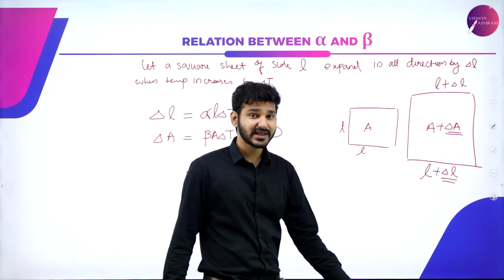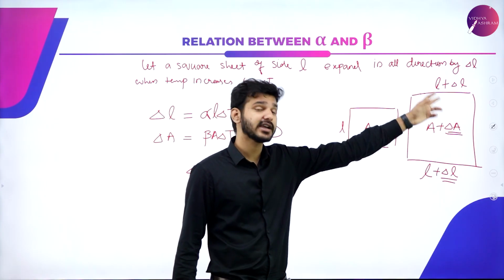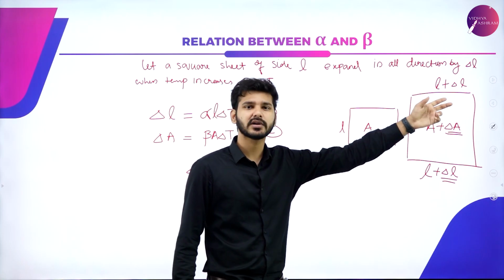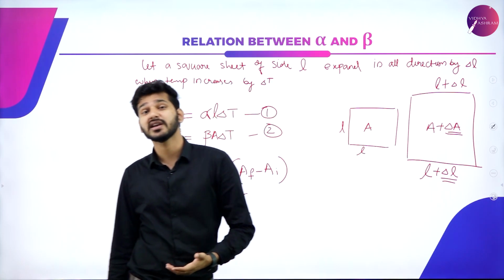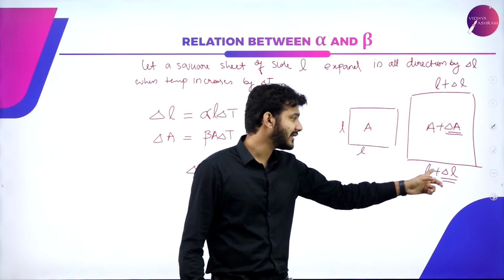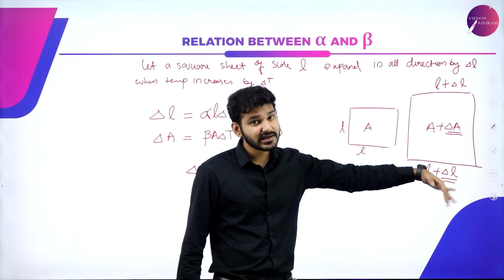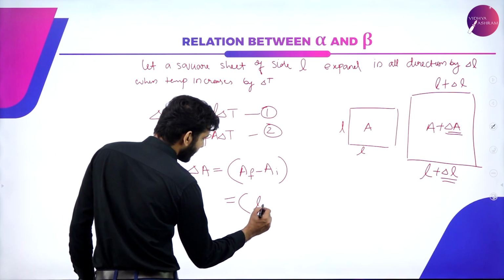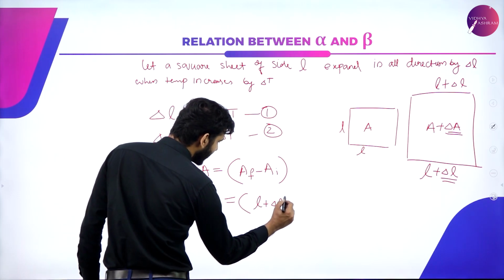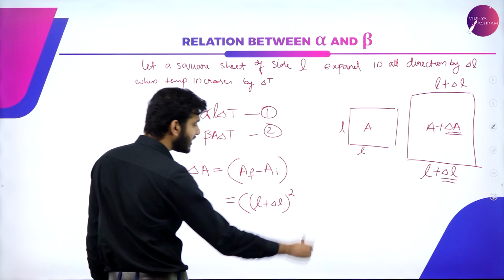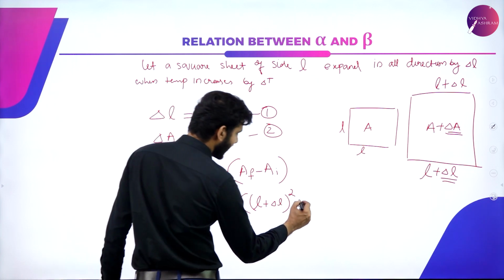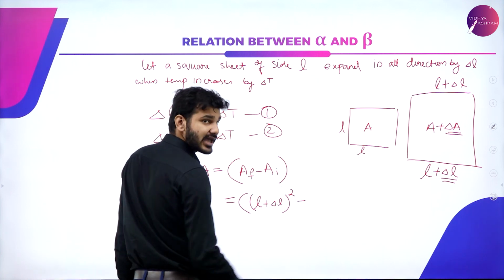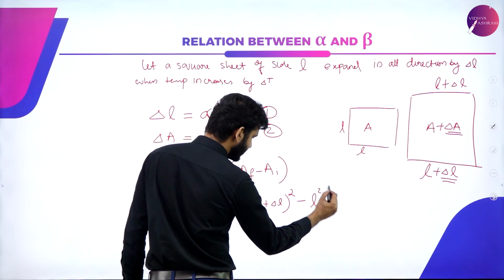The area of a square is very simple because it is length times breadth. Here length and breadth are equal, which is why it is known as a square. L plus delta L is the final length value, so L plus delta L whole square will be the final area, and the initial area will be just L square.